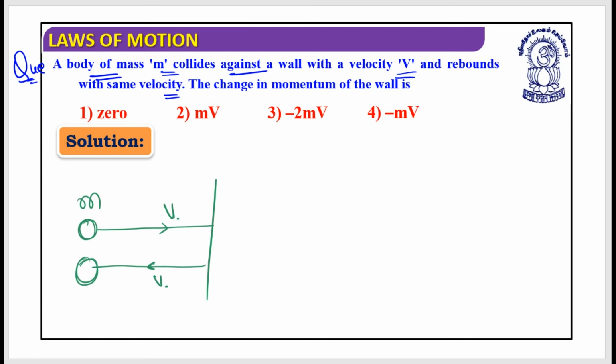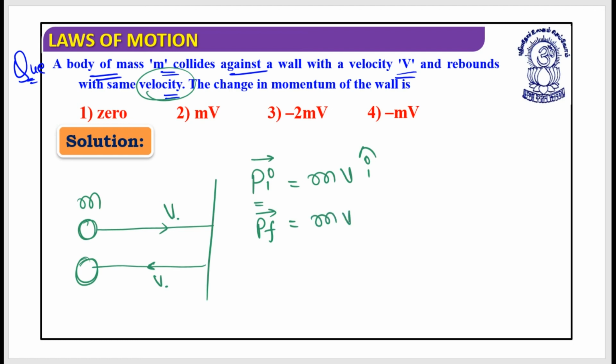So how should I do this? First I need to write the initial momentum, but while writing momentum, I must understand that this is a vector quantity, and when it is a vector quantity, we must respect its magnitude as well as direction. So this is m into v into i cap. The final momentum, the velocity would be the same, only the direction is changing.